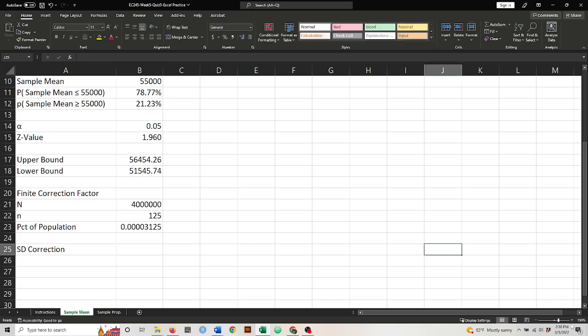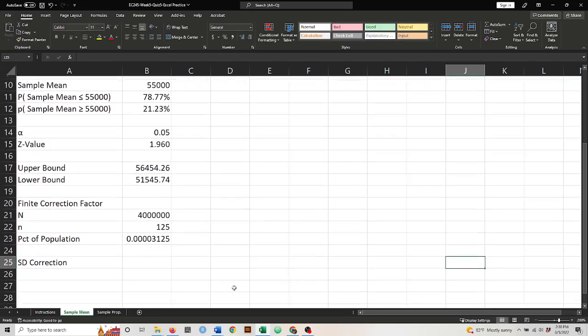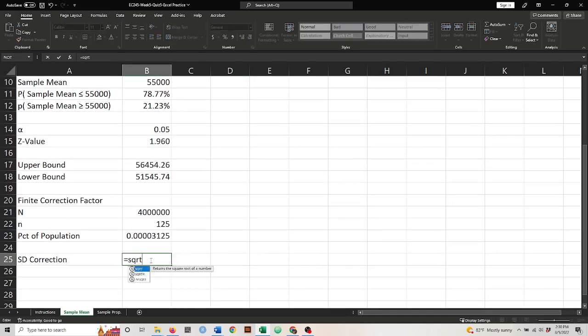Equals, I'll make this just a tiny bit bigger. All right, equals square root of big N. Oh, I gotta be careful here. We're gonna need some extra parentheses just to make sure everything comes out right. Big N minus little n divided by big N minus 1.